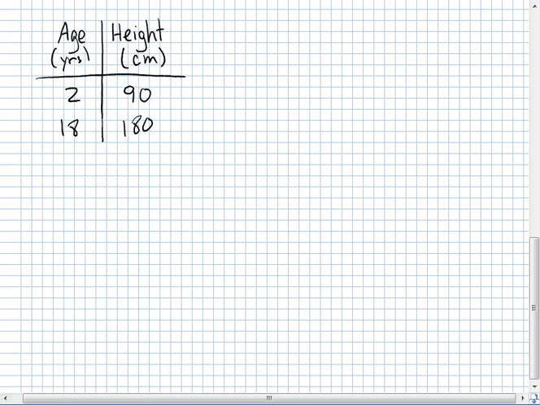And if we wanted to find out our average growth per year, our height change per year, so just by saying that, I should know that per year means that years are going to go on my horizontal axis. So if I were to draw a graph, it would look something like that, where obviously this is my height on the vertical axis, and this is my age or time in years on the horizontal axis.